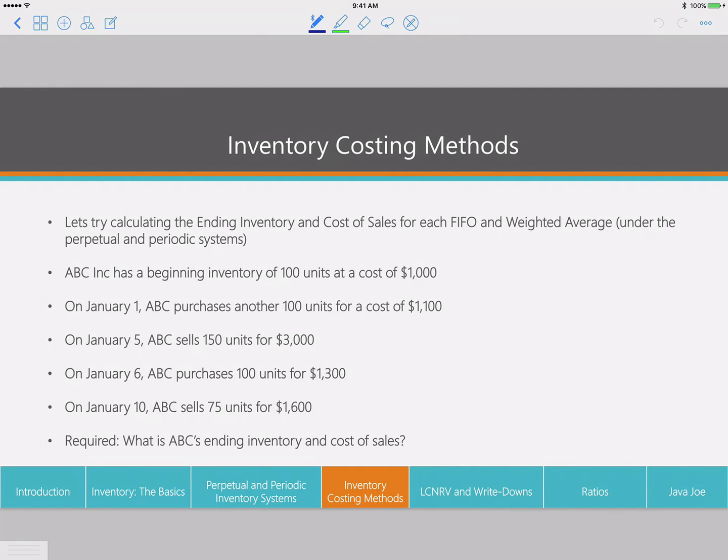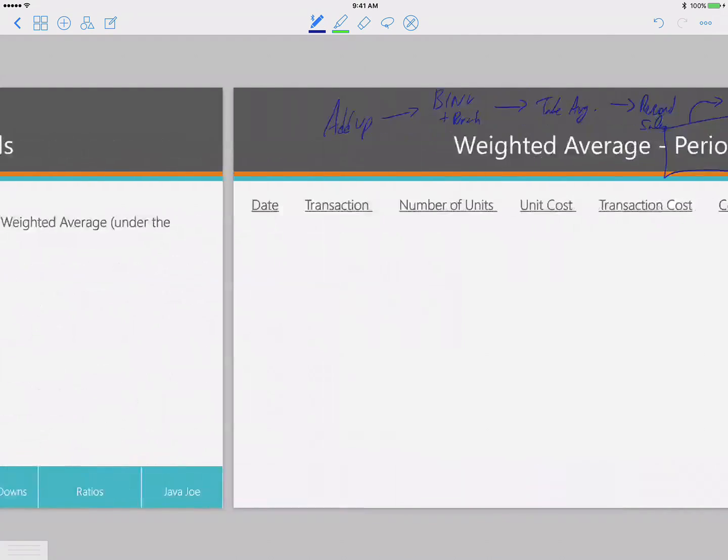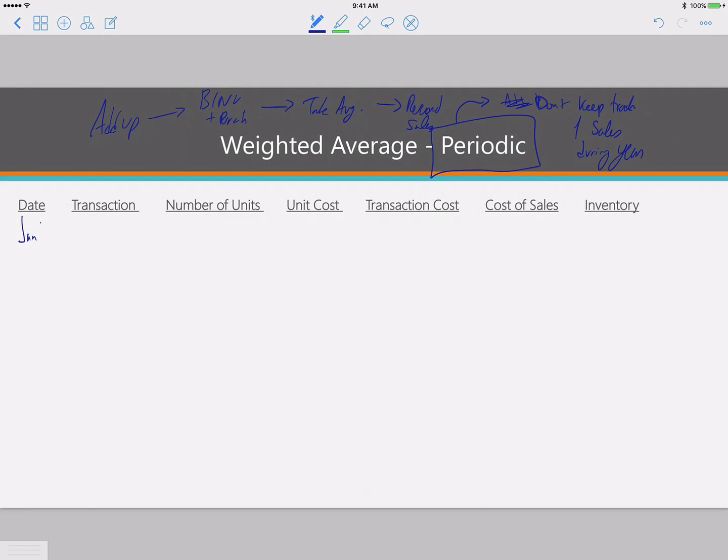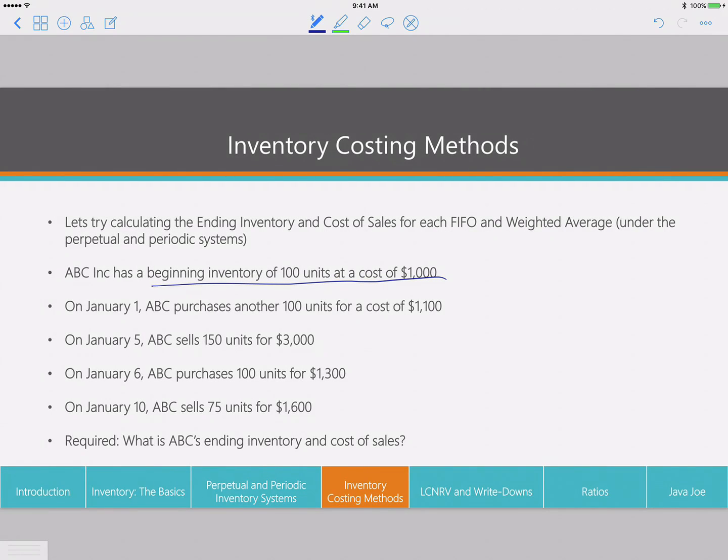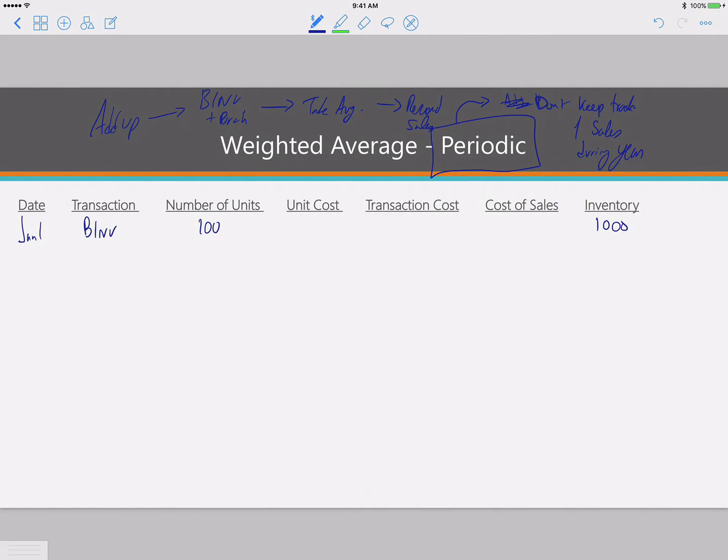So we had a beginning inventory of 100 units at a cost of 1,000. So January 1st, beginning inventory, 100 units, cost of 1,000. Next, we purchased another 100 units for a cost of 1,100. So we had a purchase 100 units at 1,100.